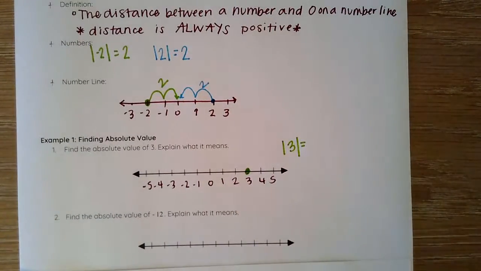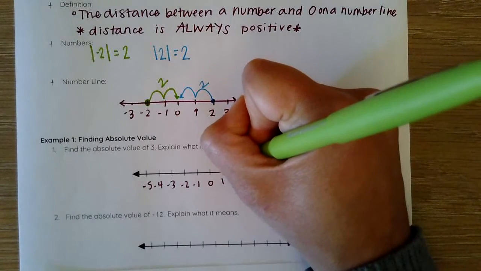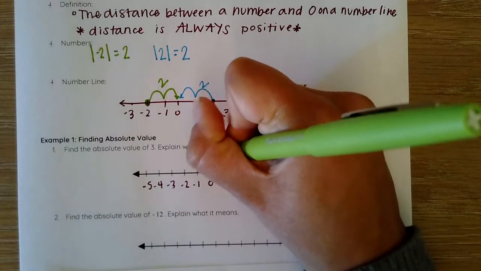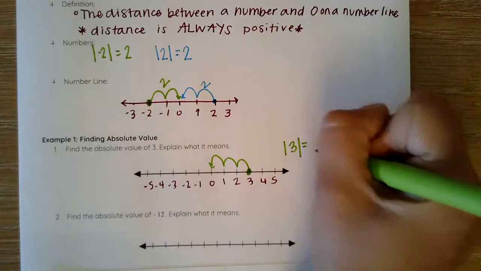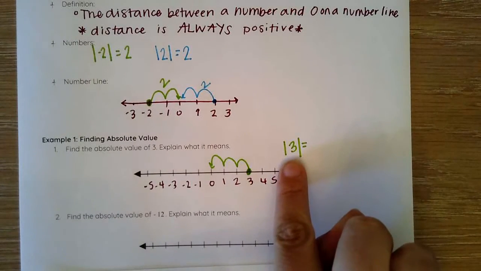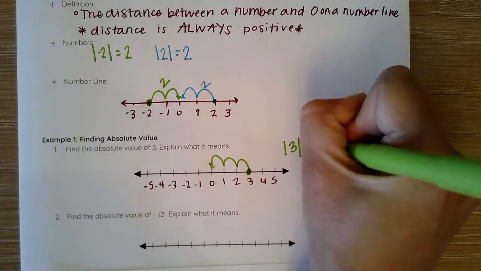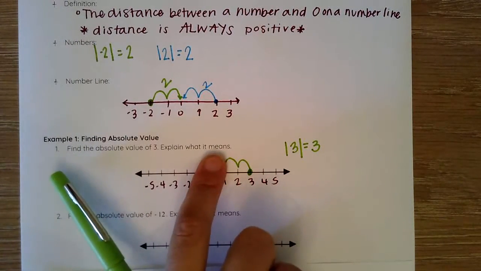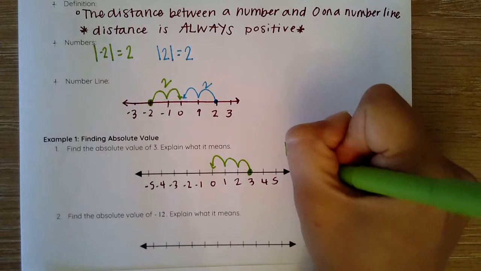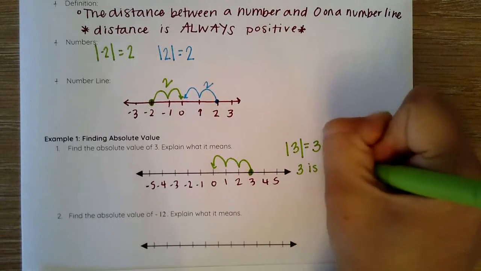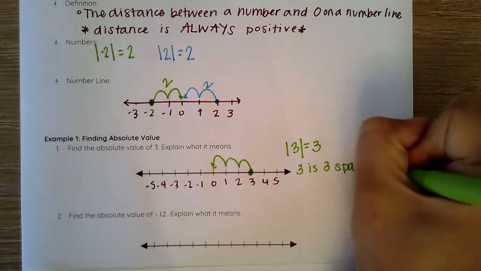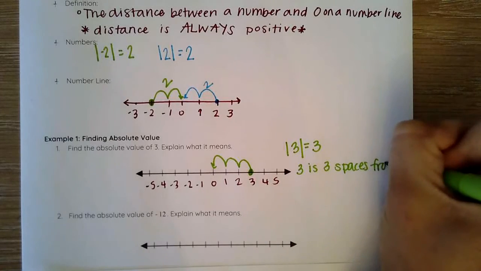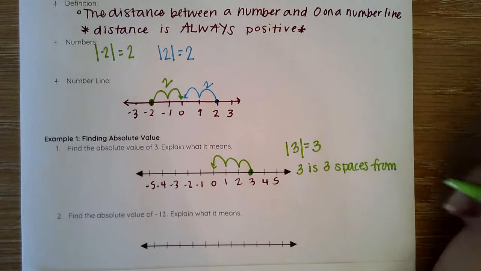And now I count. +3 is 1, 2, 3 units from 0. Therefore, the absolute value of +3 is 3. I would explain what that means by saying 3 is 3 spaces or units from 0.